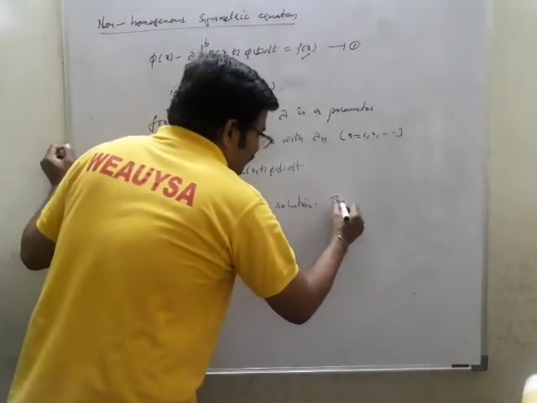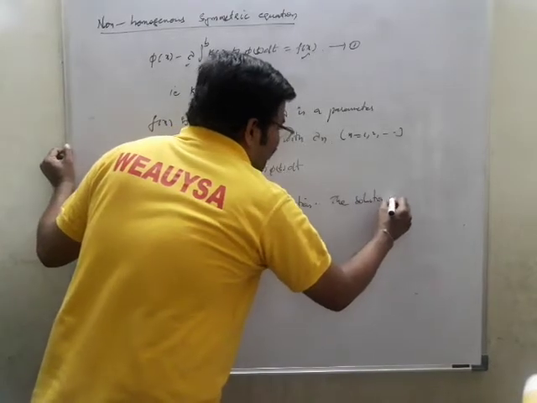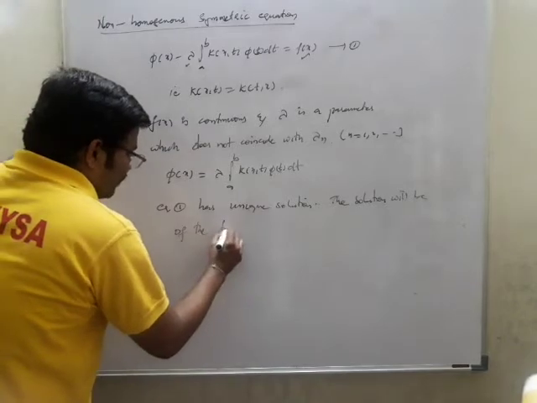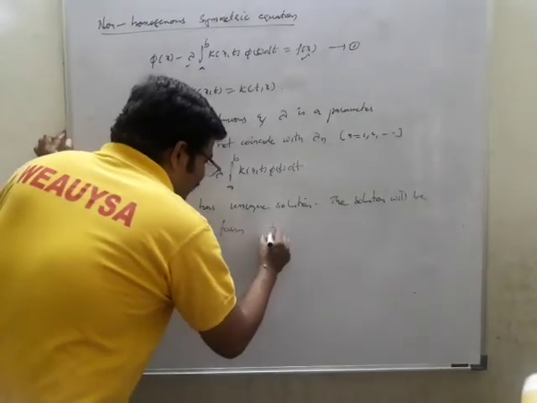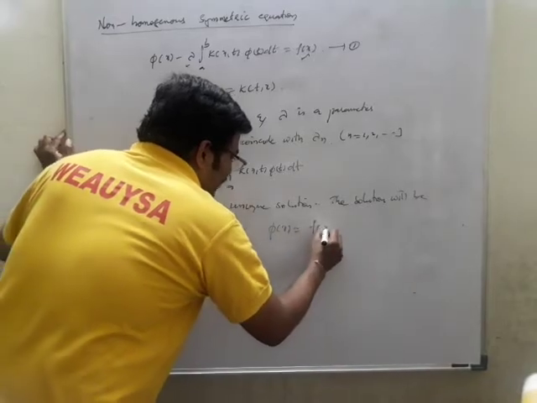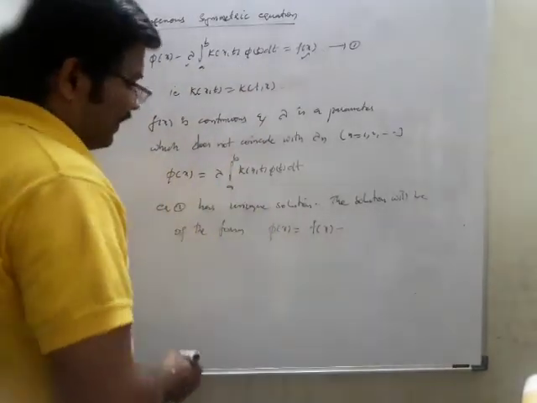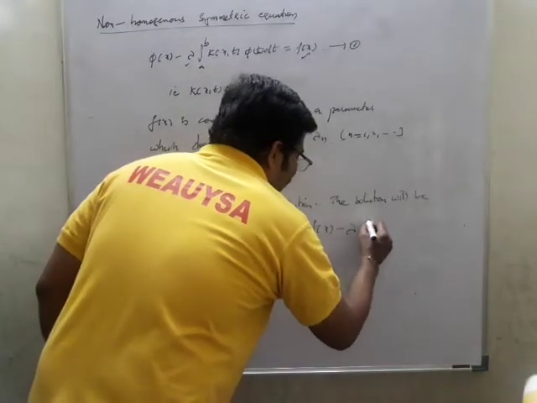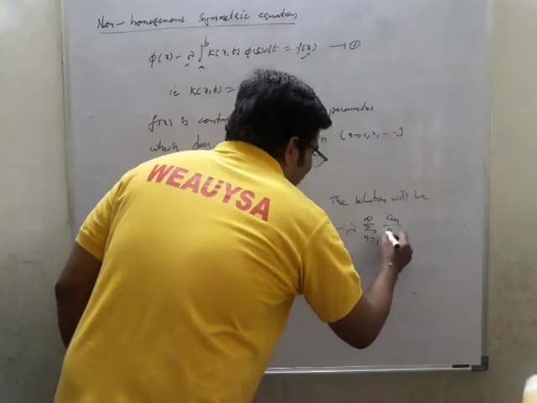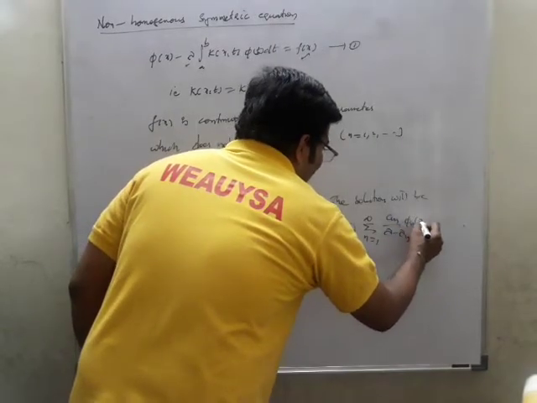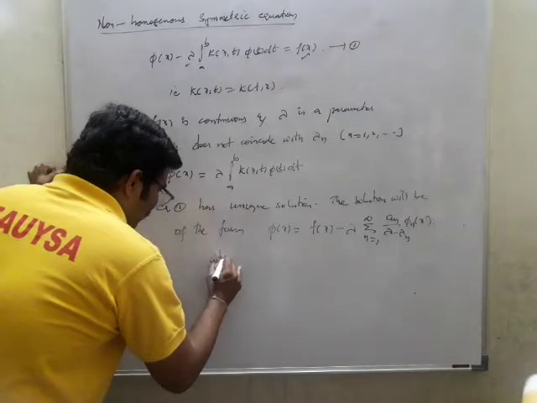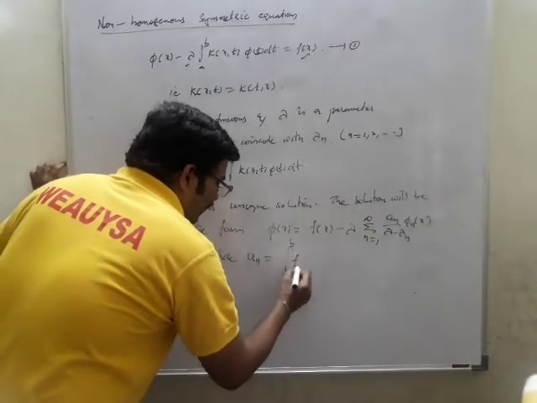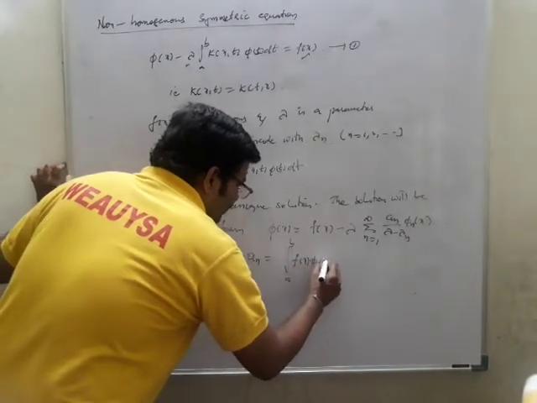The solution will be of the form phi of x is equal to f of x minus lambda into summation n equal to 1 to infinity a n by lambda minus lambda n into phi n of x, where a n is equal to integral a to b f of x phi n of x dx.